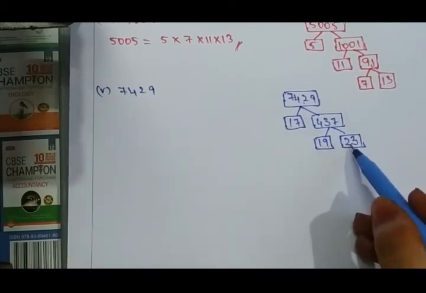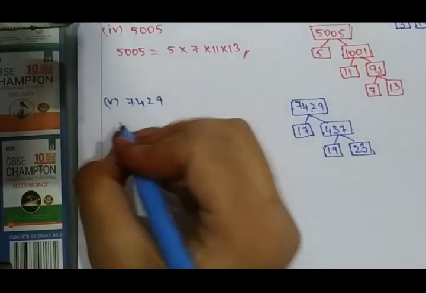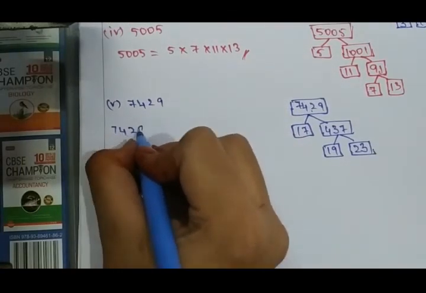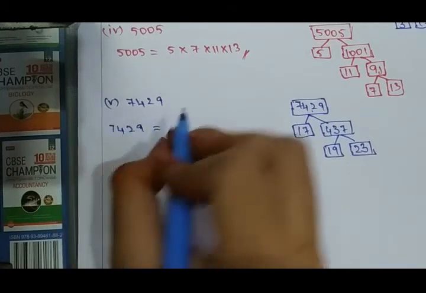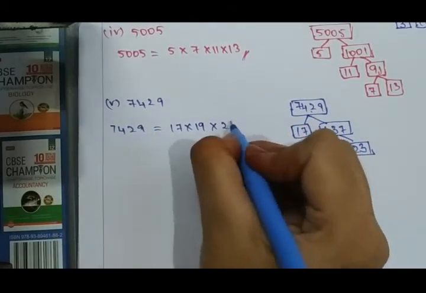Since 19 and 23 are prime numbers, they can't be factorized further. So the 7429 is equal to 17 into 19 into 23.